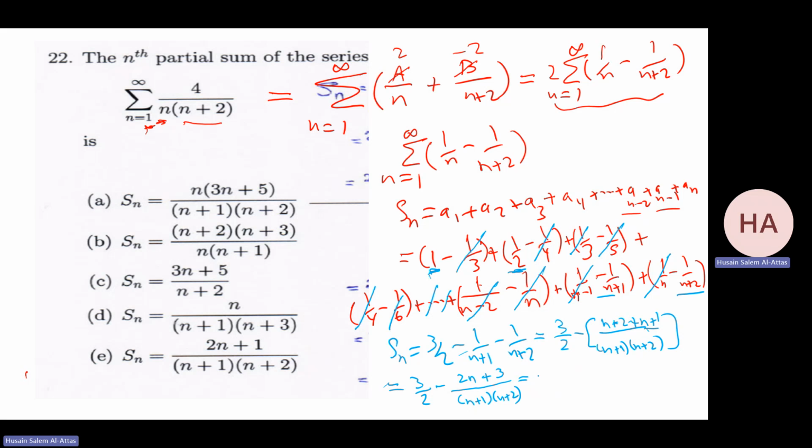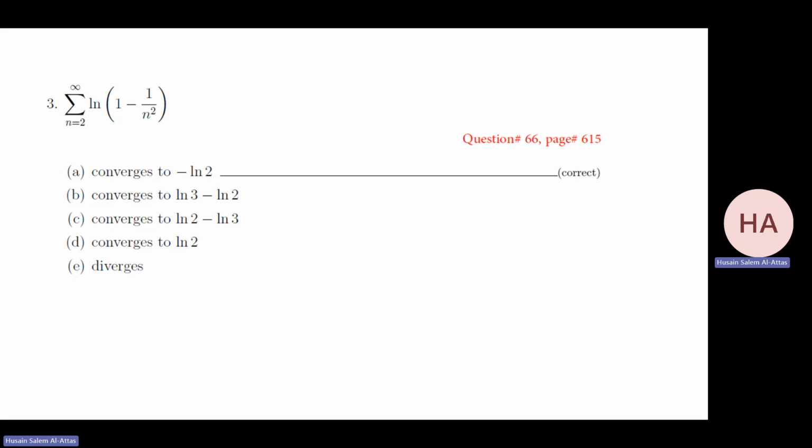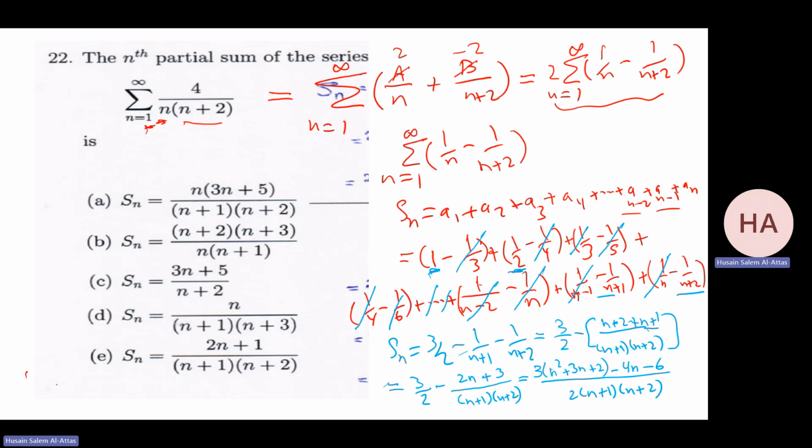Yeah, let's be careful with the calculation. That will give me 3 times n squared plus 3n plus 2, minus 4n minus 6, over 2 times n plus 1 times n plus 2. Oops. And that equals, yeah, I don't have space here.